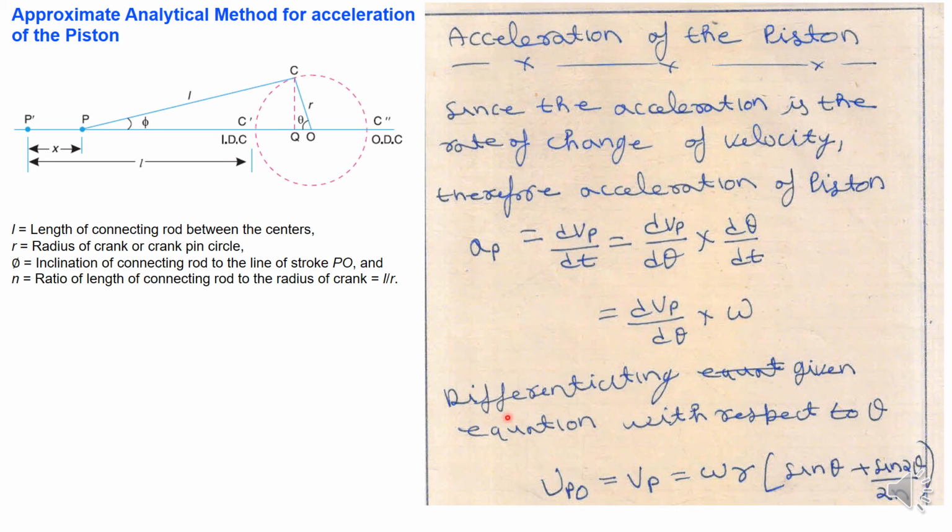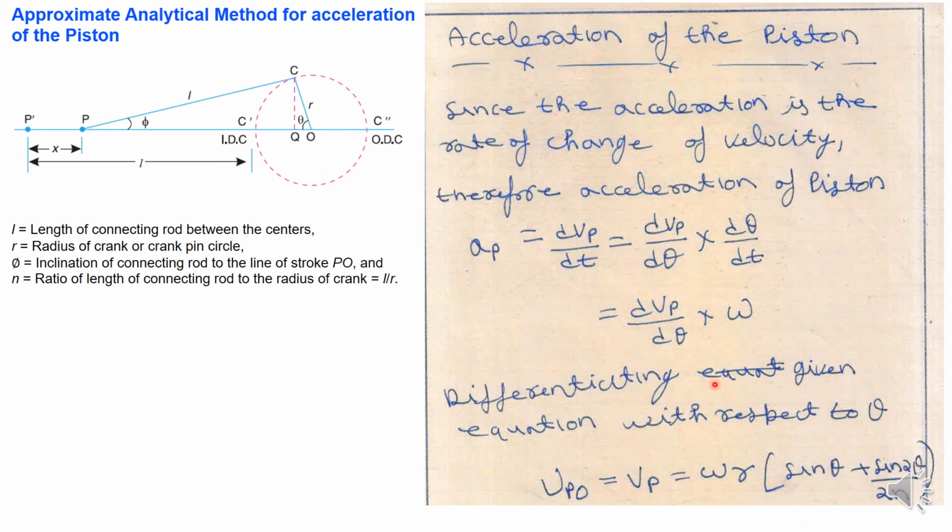Now, differentiating the given equation with respect to theta, the Vp equation which we found in the previous slide. This is the expression for the velocity: Vp is equal to omega r, sin theta plus sin 2 theta by 2n.